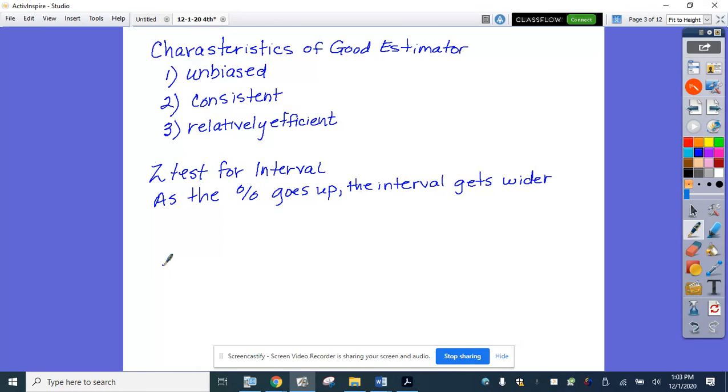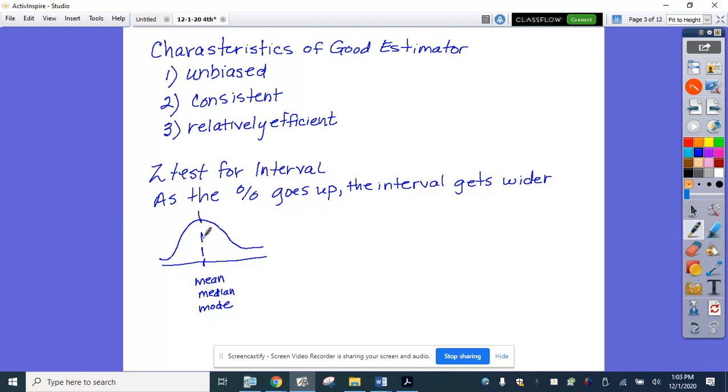We said that with the z-test, it has to be a normal curve. In other words, it has to be a bell-shaped curve. And my mean, median, and mode are always going to be in the middle. The mean is the one we're concerned about right now, but the mean, the median, and the mode are all in the center.